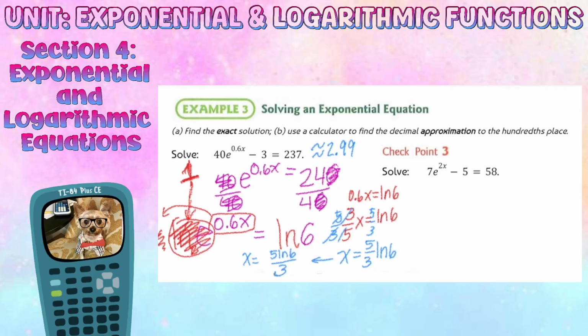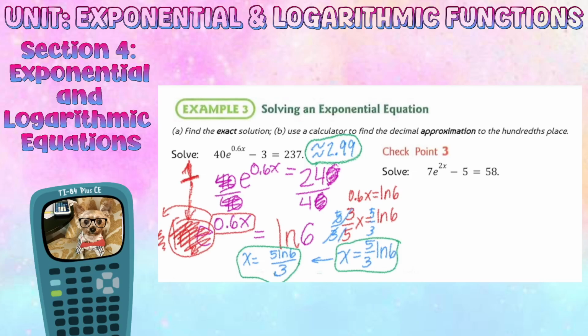All right, so that is the end of that example. Let me circle these: this and this are examples of the exact solution, and then up here is my approximate.